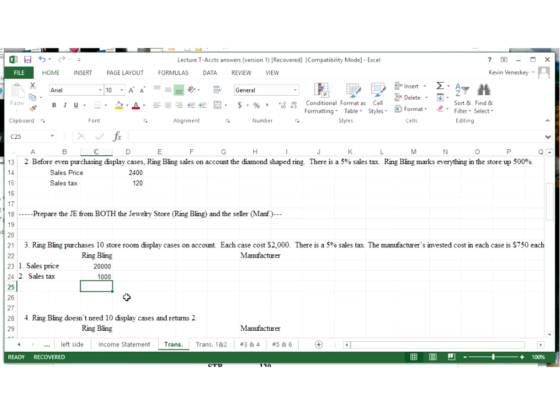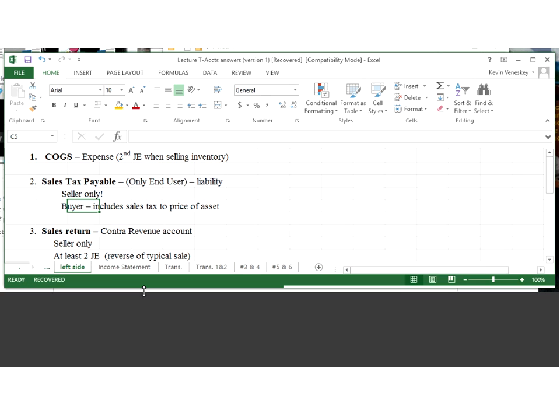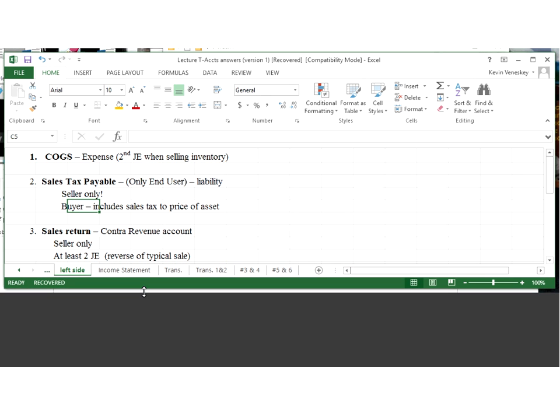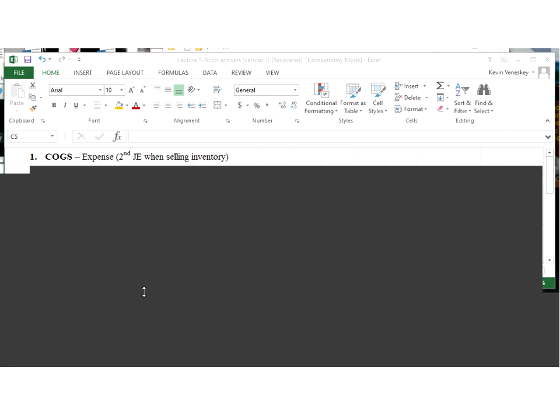The next thing we come to in the transaction is, we are returning a piece of the display cases. We actually don't need 10, we only needed 8, and so they are willing to take back their display cases. So that leads us to our next new item for this week, which is a sales return.